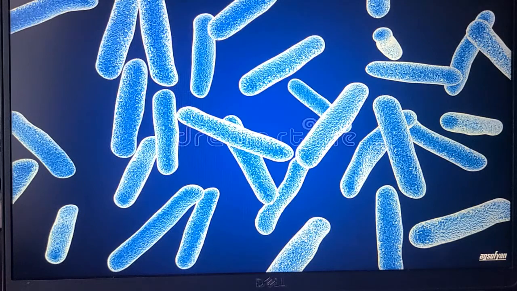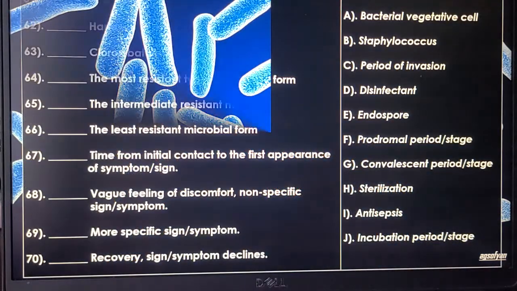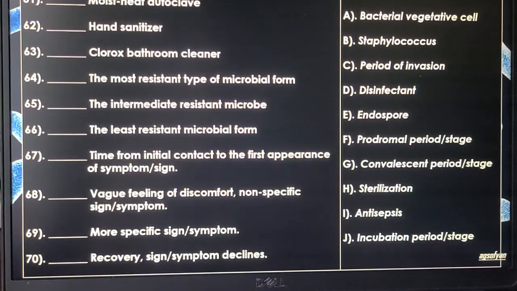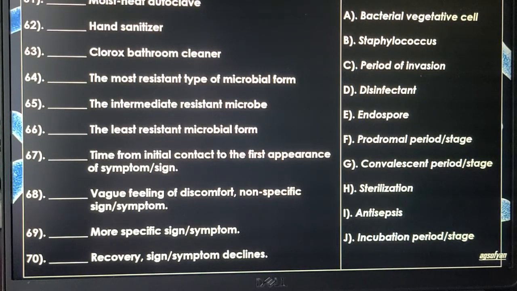Okay, now we go to the next one, which is matching. So there is an A column and a B column on the right. Match the left column with the right column. 61, moist heat autoclave. Choose your answer. What is moist heat autoclave? Yes, this is a type of sterilization.